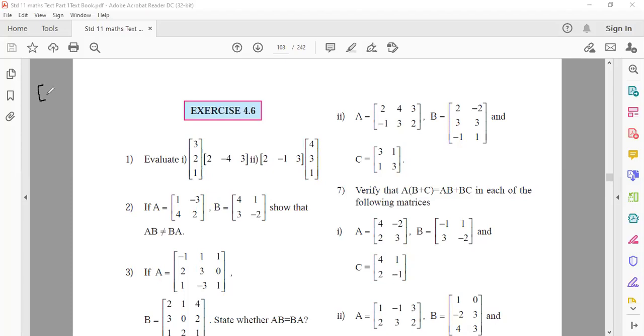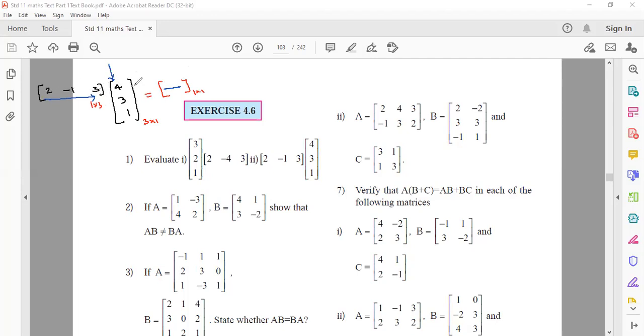Now you will be multiplying 2, minus 1, 3 with 4, 3, 1. What is the order of this matrix? 1 by 3, by 3 by 1. So your answer will be 1 by 1, which means there is only one element. And how do you obtain that one element? First row with first column.